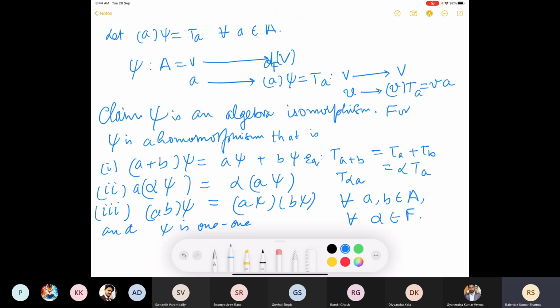And this last one is that T_(ab) is the same as T_a T_b. So this is what we need to establish to prove that it preserves sum, it preserves scalar multiplication and product.